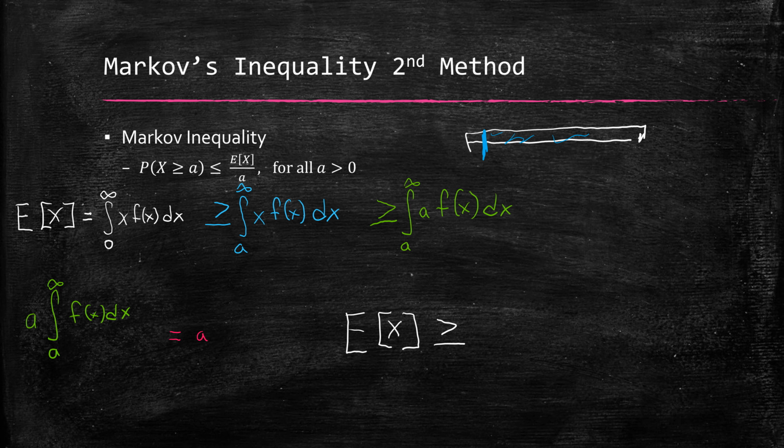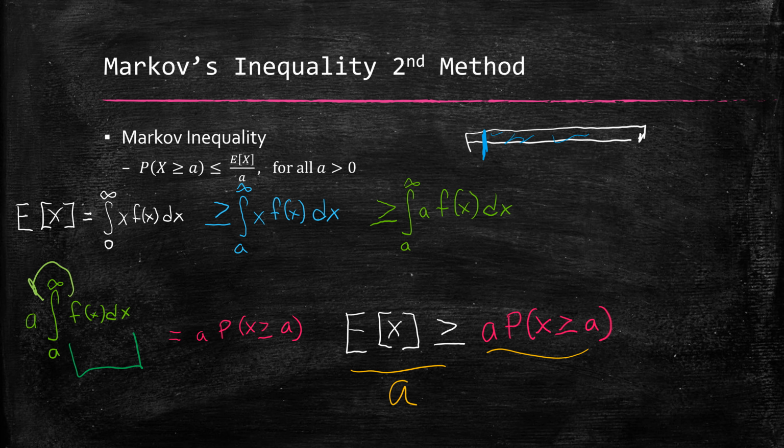Because it is a constant, we can bring it out in front of the integration. And that integral is the definition of the probability of the random variable x being greater than or equal to a. So we can put that back into the inequality, and then the last step, just like last time, is to divide by a. And we have Markov's inequality.